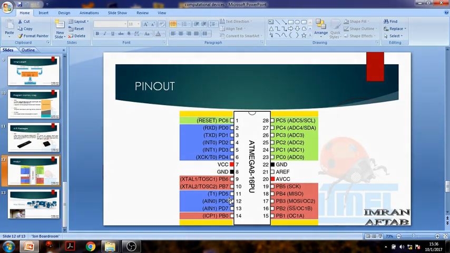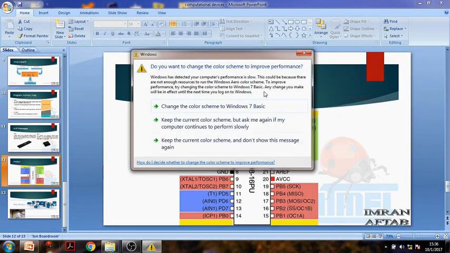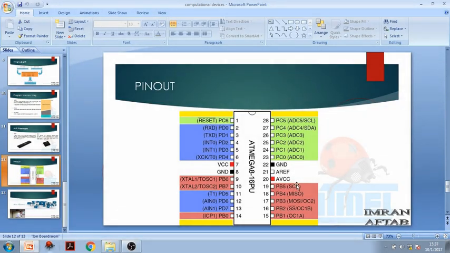We have already talked about this, that it has a total of 28 pins, in which 23 pins are input output pins. That means with 23 pins you can control input output devices, and the 5 pins are for the power supply.